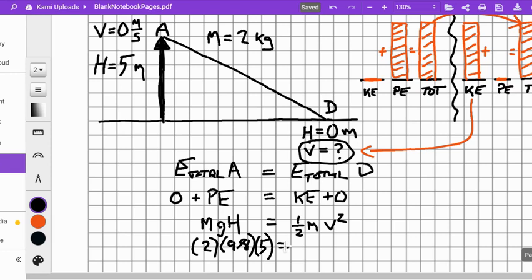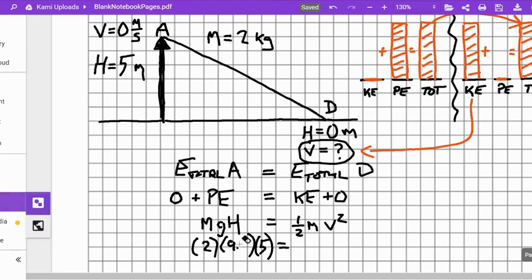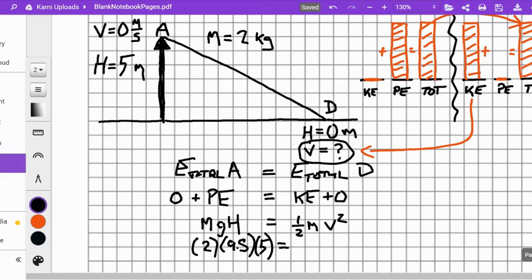I'm going to leave the units out. So 2 times 9.8 times 5. And then that's got to be equal to 1/2 times the mass. The mass is 2, times V squared. And remember, V is the thing that we wanted to find out. And so we need to get the V here. We're going to solve for it. So this is an equation, and that's the unknown.